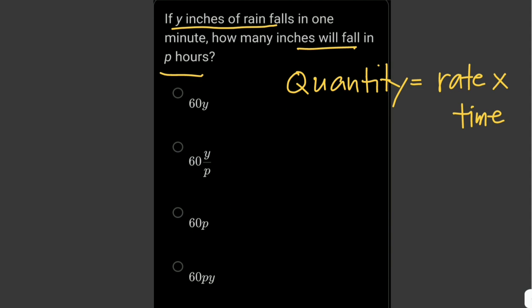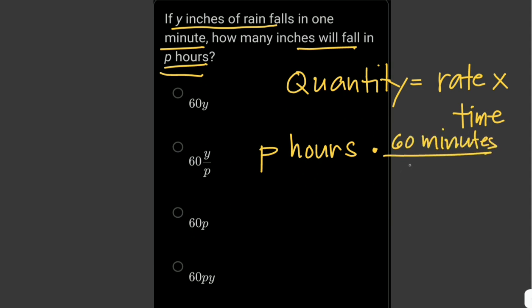But before doing that, we need to convert hours, p hours, to minutes, since the given rate here is per minute. So this would be p hours, converting hours to minutes, and there are 60 minutes in 1 hour, so we just have to multiply this by 60 minutes per 1 hour.